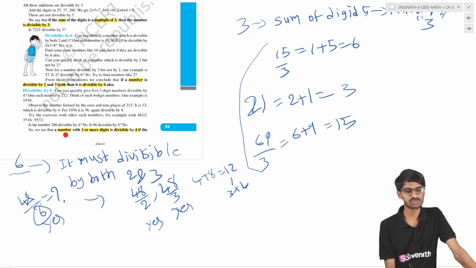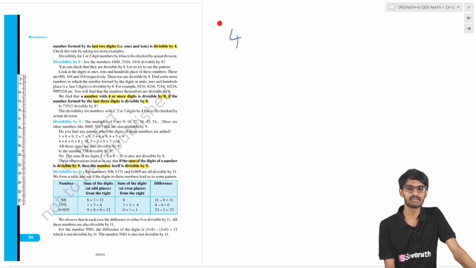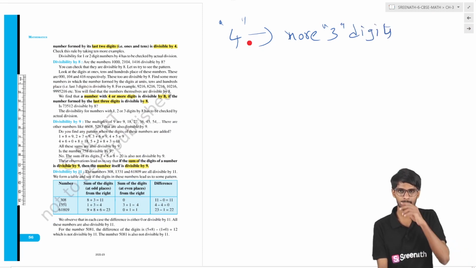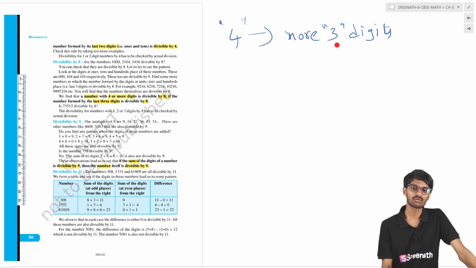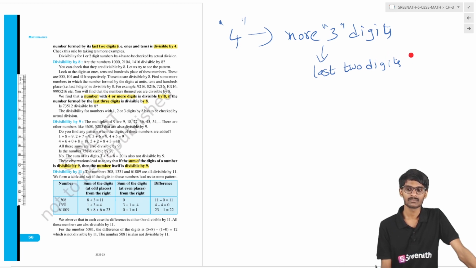And what about the divisibility by 4? Divisibility by 4. If there is any number with more than 3 digits and you want to divide that number by 4, then the condition is that the last two digits must be divisible by 4.